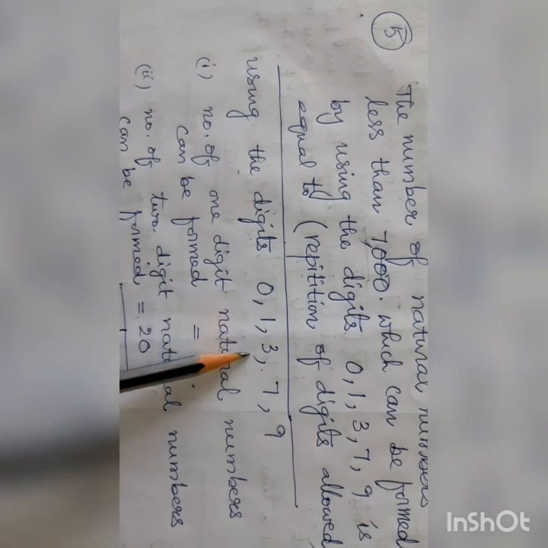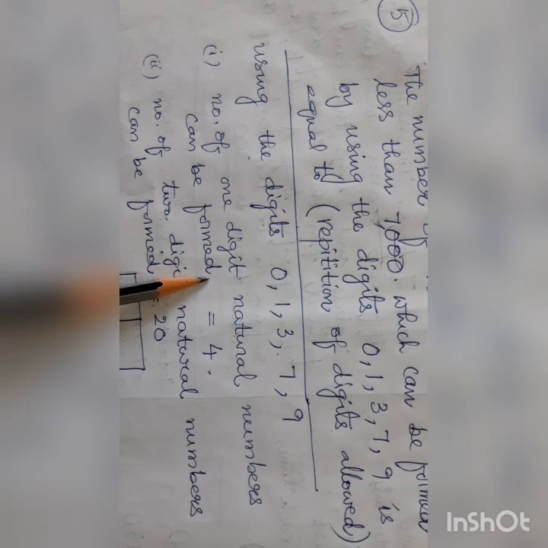If you understand the question well, the solution is in front of you. Using the digits 0, 1, 3, 7, 9, case 1: the number of one-digit natural numbers that can be formed.